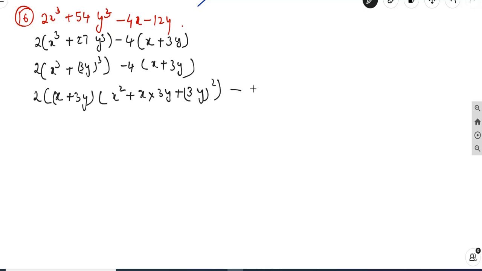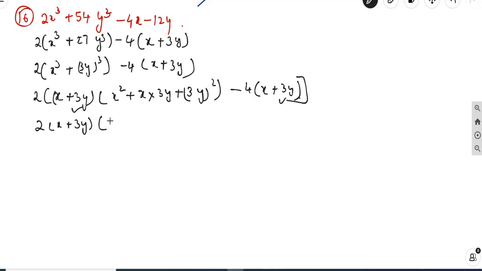Okay, this term I'm going to write as it is, minus 4 into x plus 3y. So I think this and this we can take out, one more bracket, so that becomes 2 into x plus 3y.